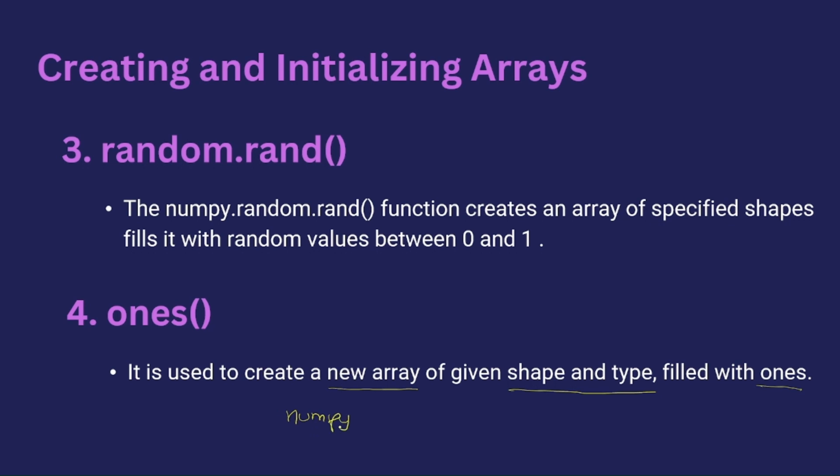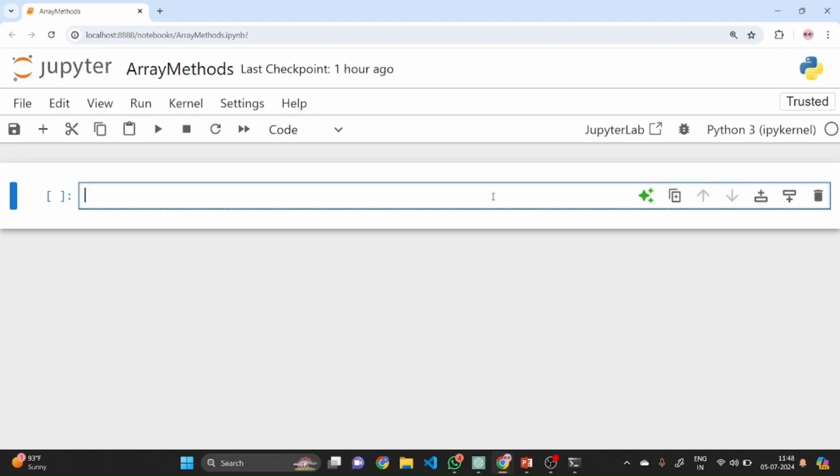numpy dot ones of shape and dtype. By default, the data type is float. I will show you in Jupyter notebook. First, we need to import numpy. Import numpy as np.